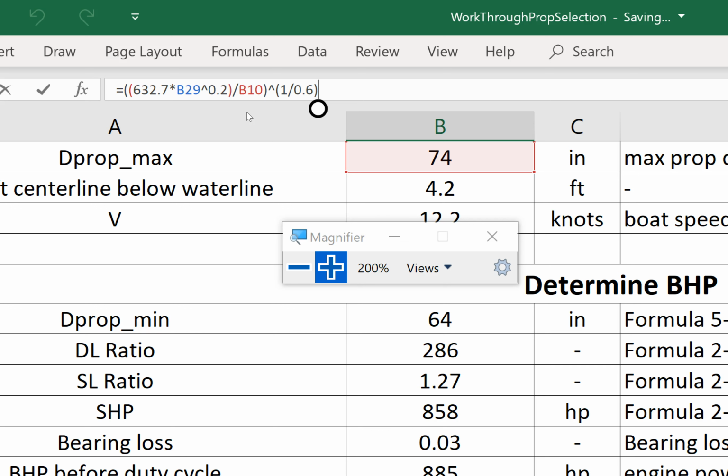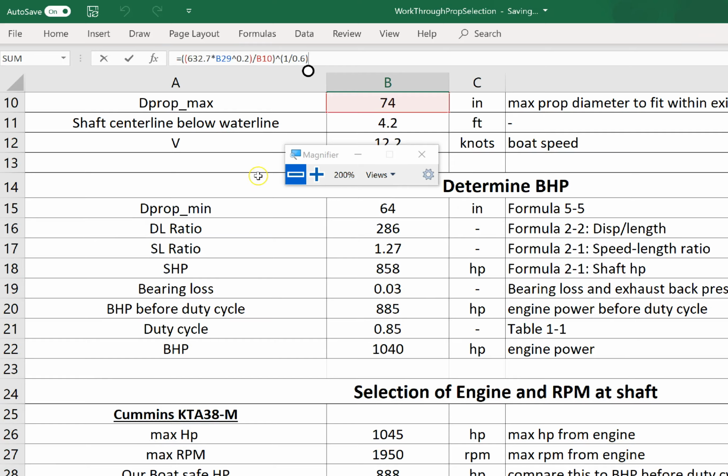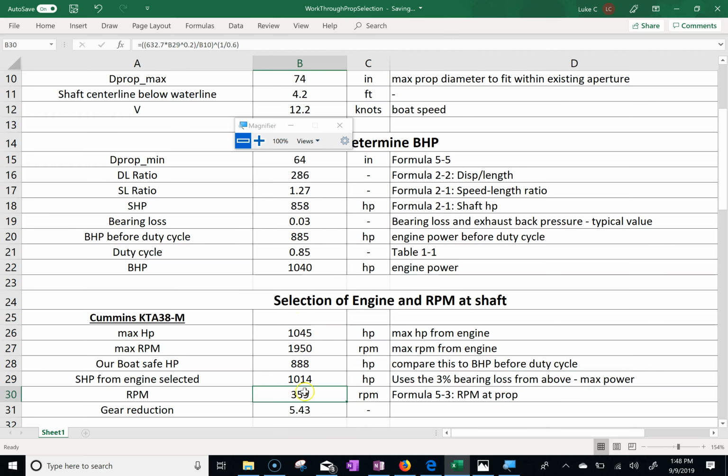We are using our biggest diameter first to find the RPMs that we need, really, in a sense, to figure out what this gear reduction would be. So we know the max RPM from the motor, and we now know the RPMs at the shaft.